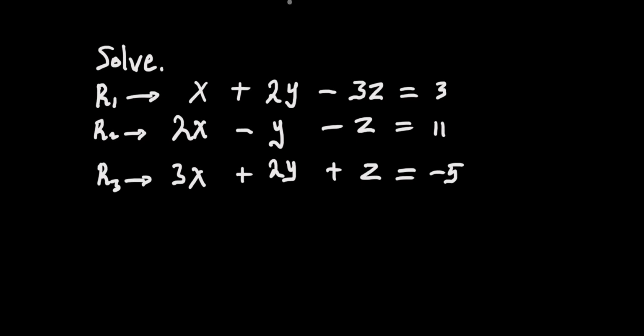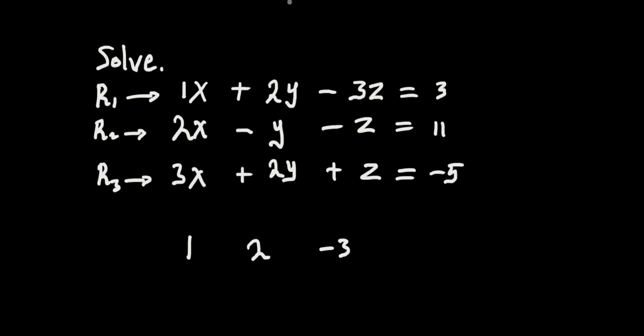And now the coefficient of x in row 1 is 1. When you have just x, it means you have 1 attached. So the coefficient of y in row 1 is 2, while the coefficient of z in row 1 is -3.